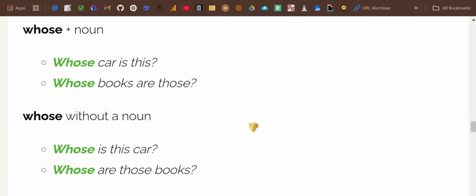When we ask, this car belongs to whom? Why not, whom this car belongs to? Because of question order, no? This car belongs to whom? That's not a question. That's just a normal sentence.